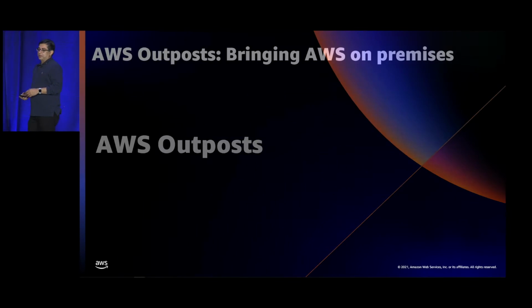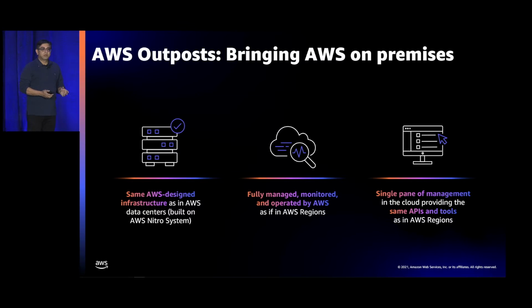So what is AWS Outpost? As I mentioned, the three key challenges: the infrastructure management, the lifecycle management, and finally the developer efficiency. We heard that from the customers, and we came up with a solution with AWS Outpost in 2019, which we have been continuously improving every year.